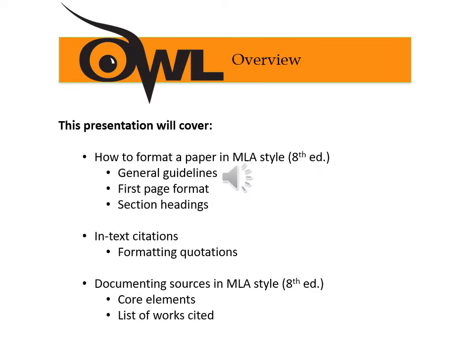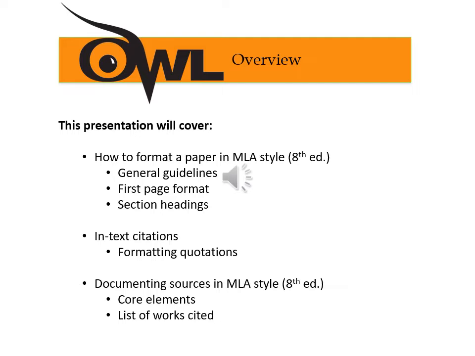So, a quick overview of some key elements we're going to look at today with regard to MLA formatting. This presentation will cover general guidelines, which we're going to look at in a moment, and the first page formatting, what the first page actually looks like. If you've taken any science-based class that uses APA, typically you have a title page. Well, we don't include a title page in MLA. It's kind of a waste of paper.